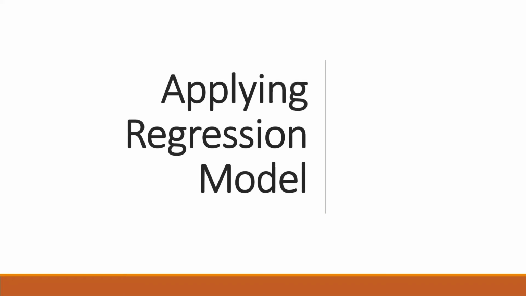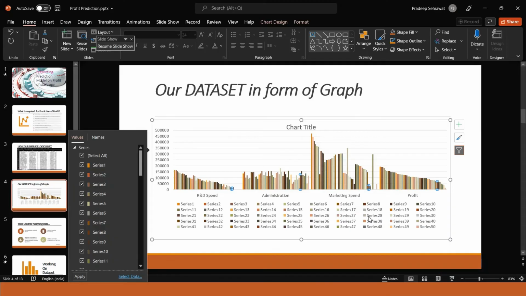After that, we apply regression models that see our data set and give us prediction values after telling the investment values. So this is the way I have done my project, and I am showing you the code I have used.